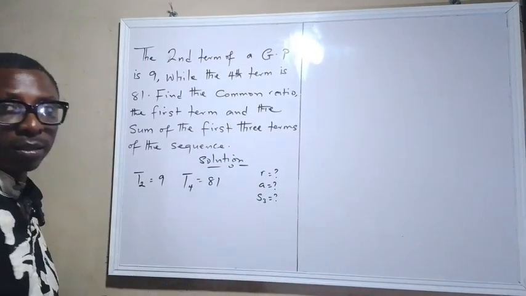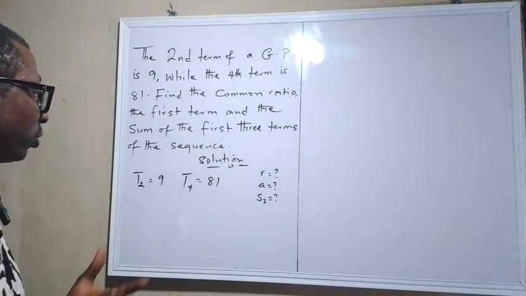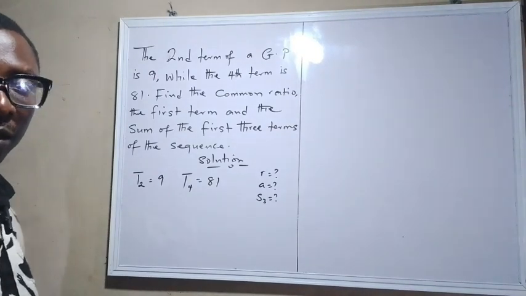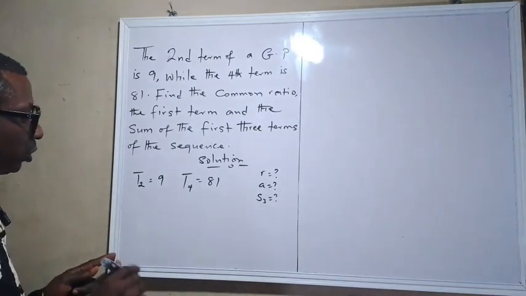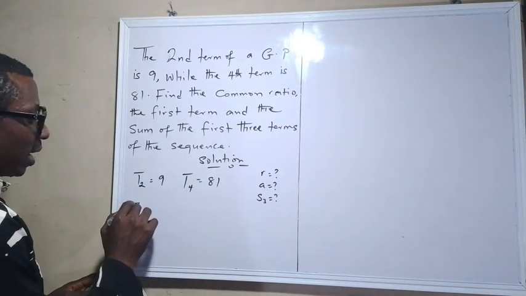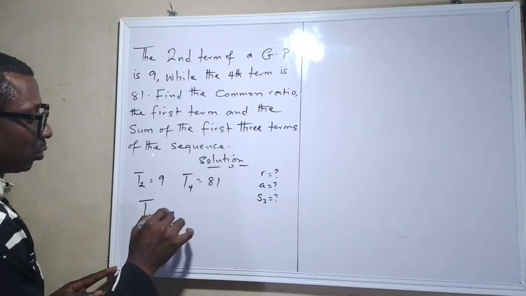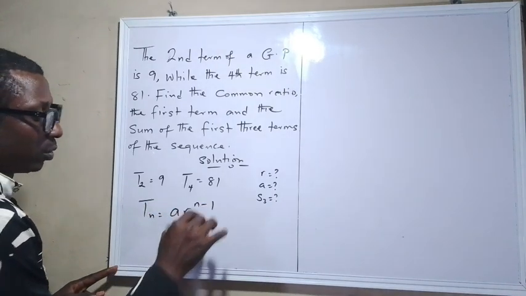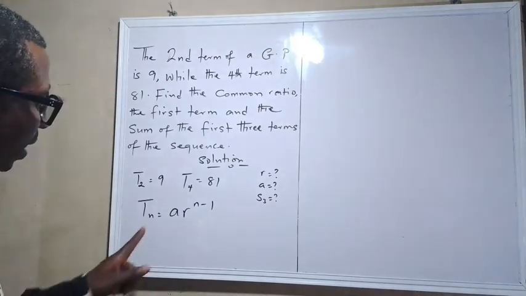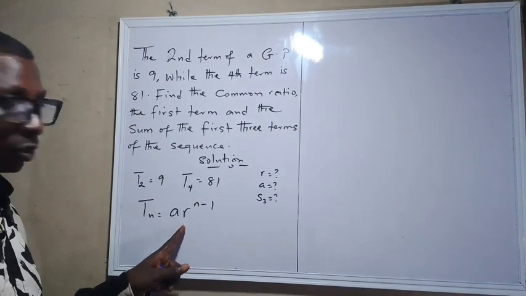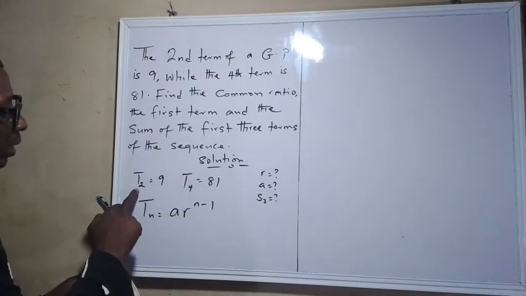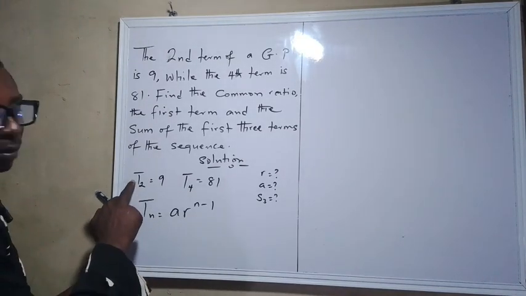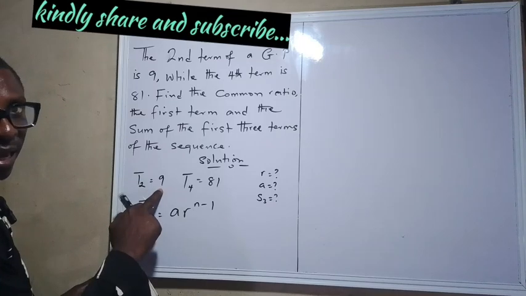Alright, so the first thing I need to do now is to write out the formula for finding the nth term of a geometric progression. So I have Tn equals ar^(n-1), where A is the first term, R is the common ratio, N is the number of terms. Here, we have the second term to be 9.